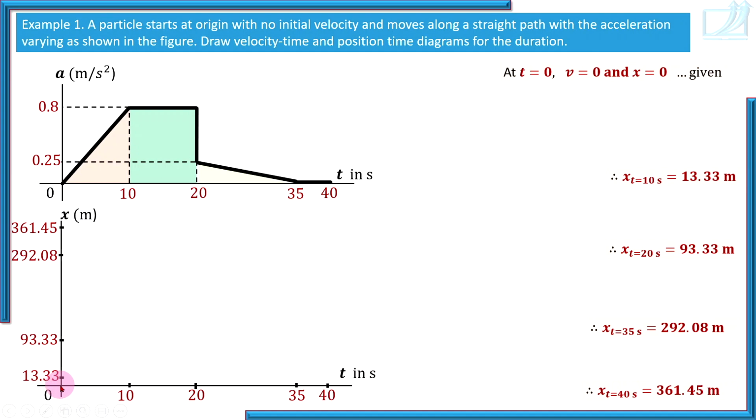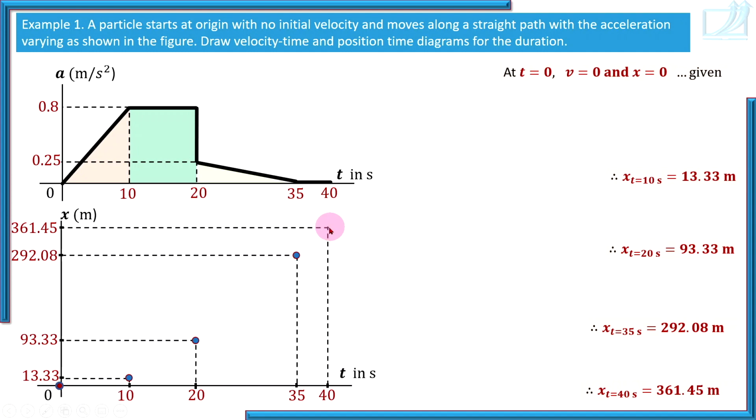So let's plot all these points carefully. So at t equal to 0, x is 0, at t equal to 10, x is 13.33, at t equal to 20, x is 93.33, at t equal to 35, x is 292.08, and at t equal to 40, x is 361.45.